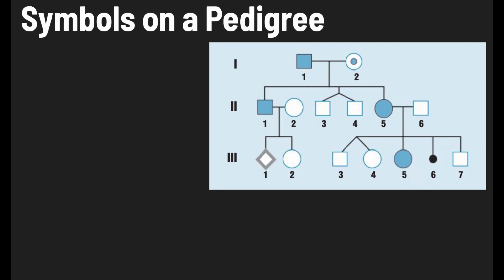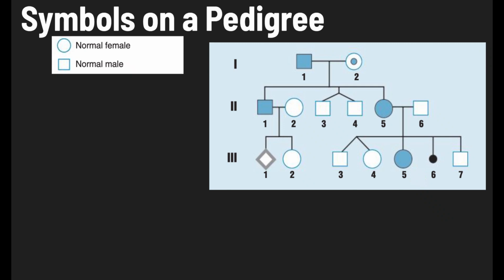Now, a pedigree is made up of symbols, and I want to explain what each of these symbols means. When you see a circle, that represents a female, and if the circle is not shaded in, then that is a normal female. When you see a square, that represents a male, and if the square is not shaded in, that is a normal male.